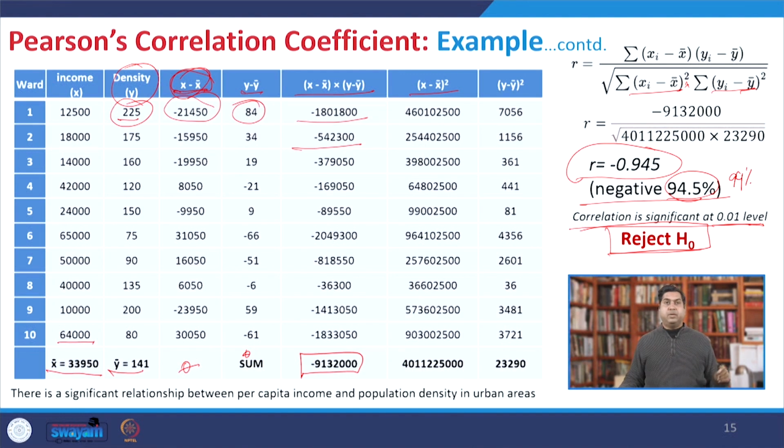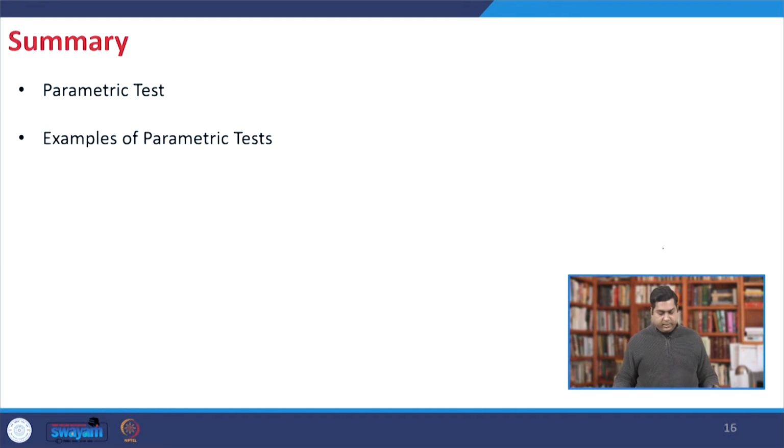Additionally, because of the sign, we can say that an increase in income level will reduce the number of people in a particular area. So, this is where we can reject it.